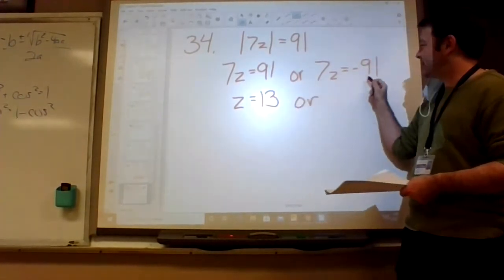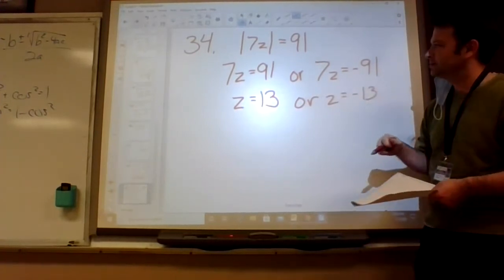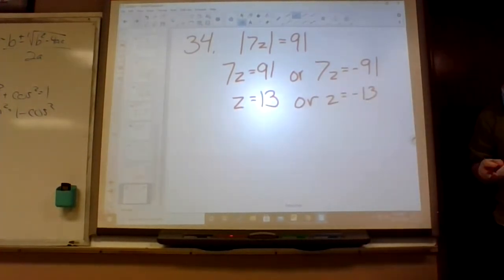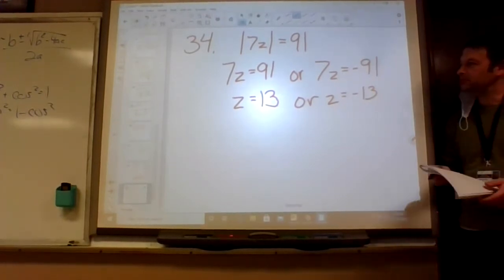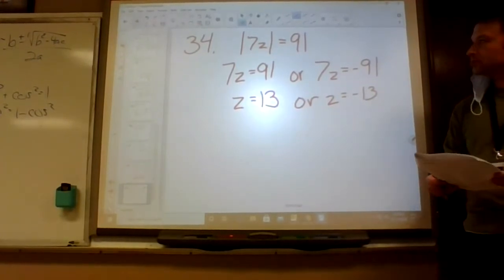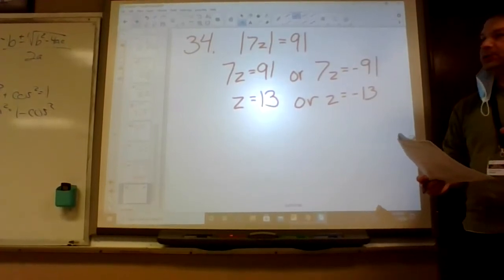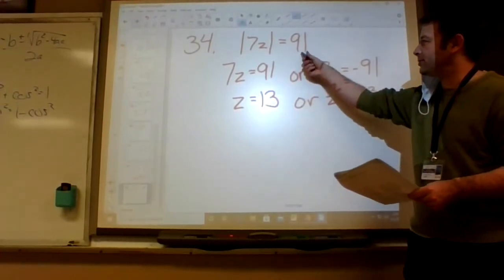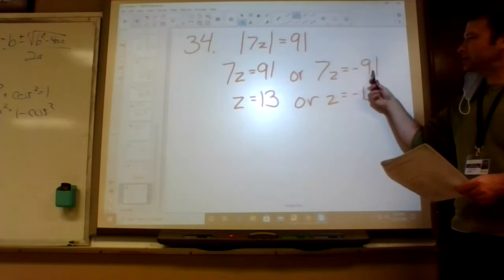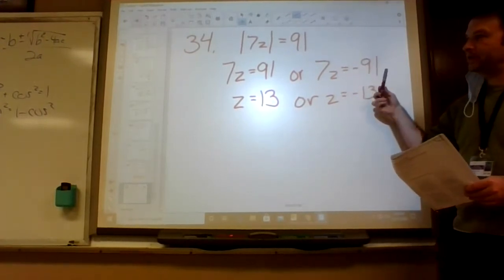Or divide by 7, that would be -13. Oh, that's easy. So z equals 13 or z equals -13.